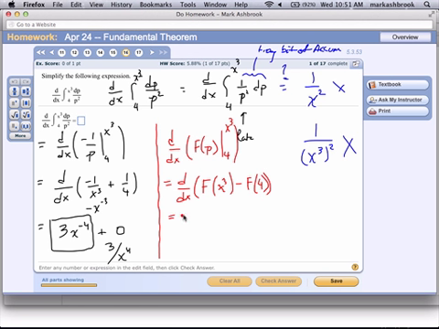Okay? And so now it's just the sum rule. So what's the rate of change of capital F of x cubed?